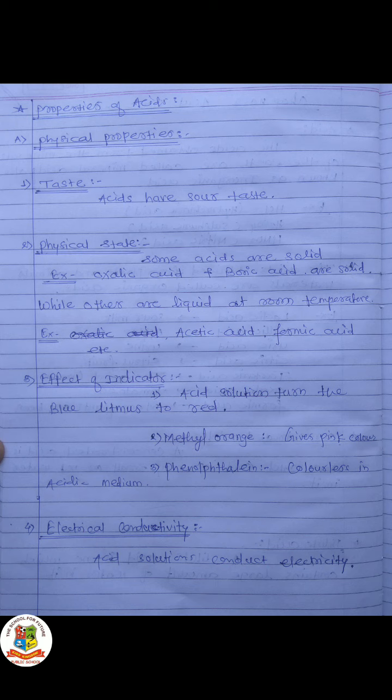Physical state. Physical state means in which state the acids are present. It may be solid state, liquid state, or gaseous state, and we have to know that. Some acids are present in the solid state, while other acids are liquid at room temperature.